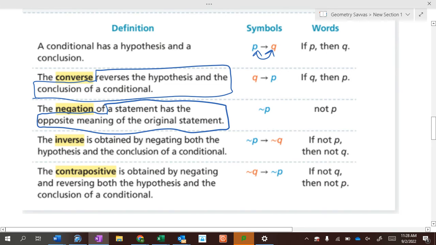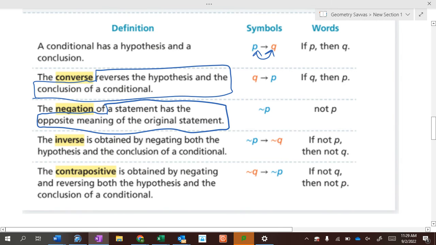So if not P, then not Q. So a contrapositive is the negation of the converse.